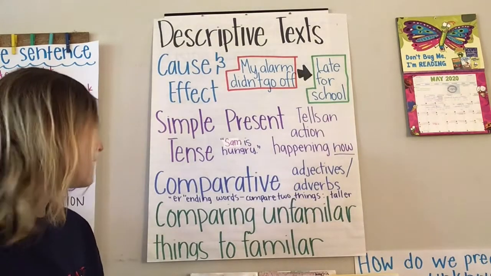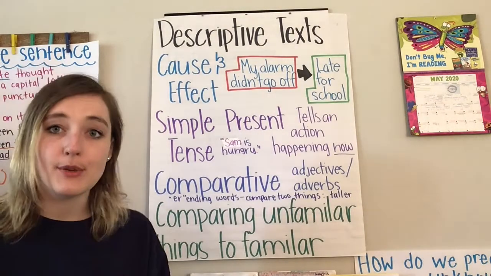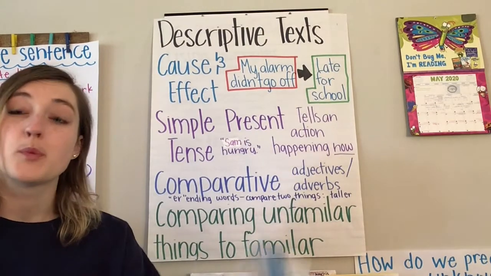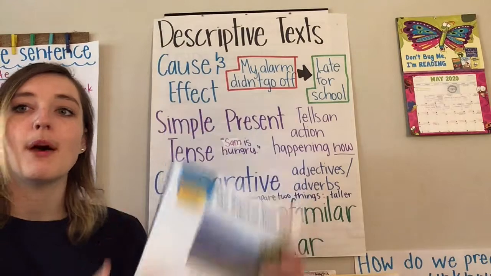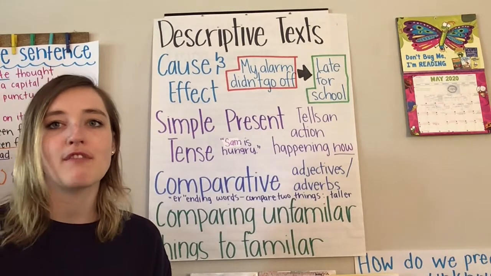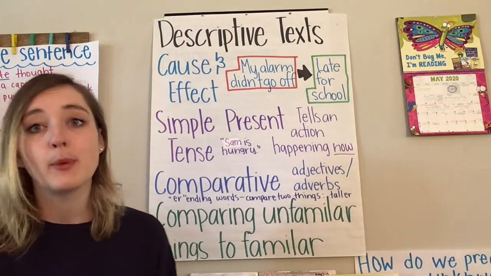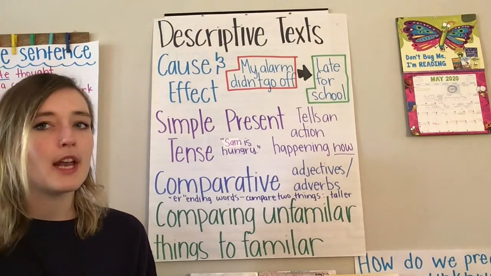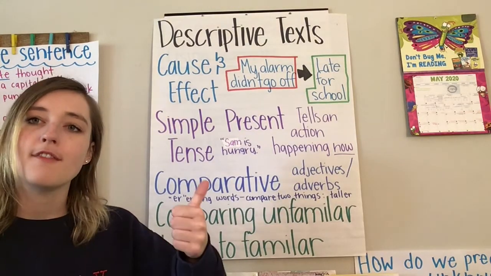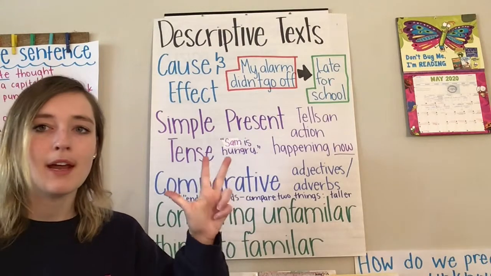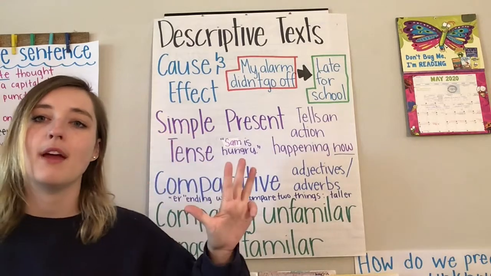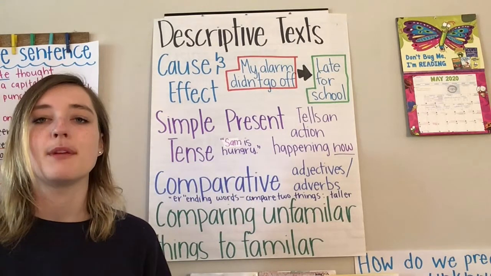And then the last one is comparing unfamiliar things to familiar things. So when we're looking at something that's really complex, like the tropical rain belt, what they'll do is they'll pull in references that we as readers might understand in order to connect the ideas so we can understand further. So we have cause and effect, simple present tense, comparative adjectives and adverbs, words ending in ER, and comparing unfamiliar things to familiar things.